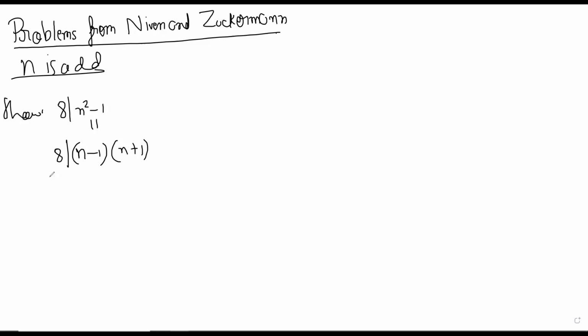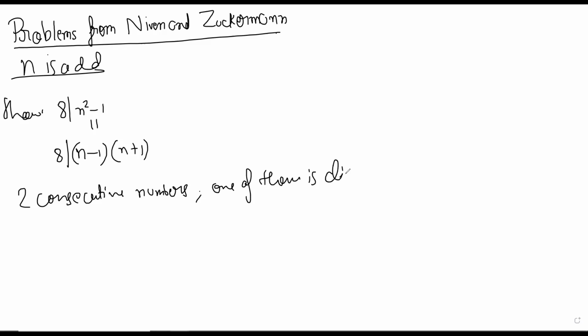And that is, I suppose, clear. Obviously we understand it by common sense, but we should also know the proof. Of two consecutive numbers, one of them is divisible by 4.